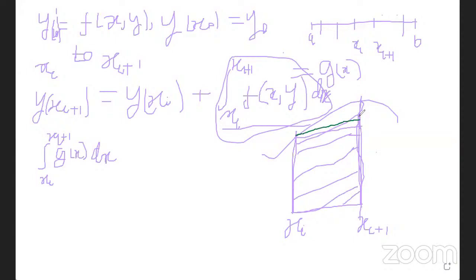Now we know the area of this geometry, because now it's a rectangle.